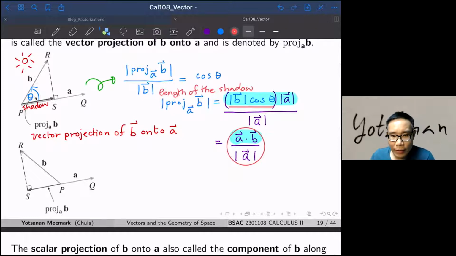However, if you would like to find the projection vector, what is the projection vector?